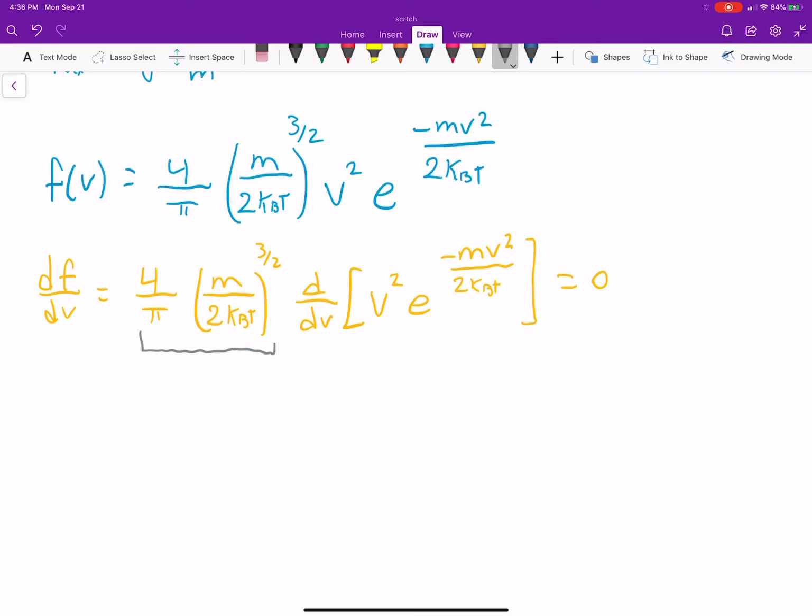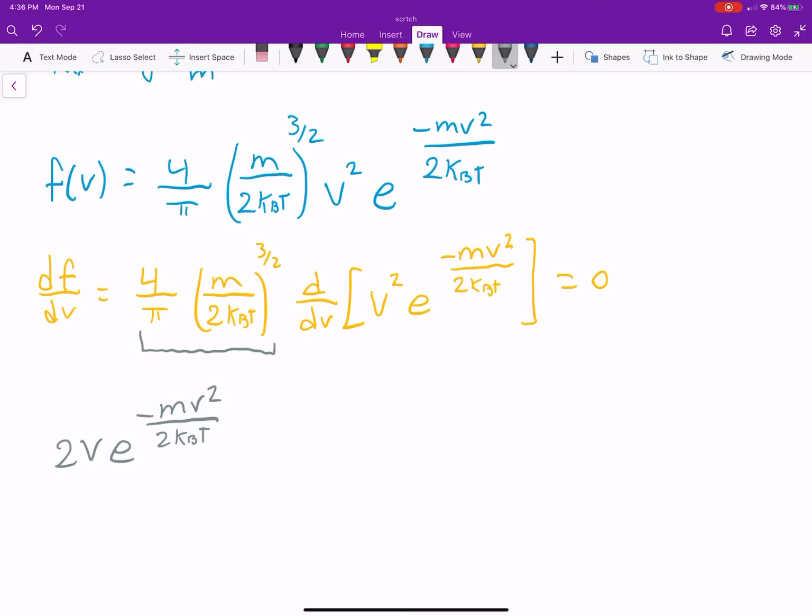I'm going to go ahead and just divide this out. There's 0 on the other side, so that's fine. So that's going to go away, and hopefully that makes sense on why. We can just divide that out. So derivative of the first, 2v times the second, e to the minus mv squared over 2kbt, plus the first times the derivative of the second.